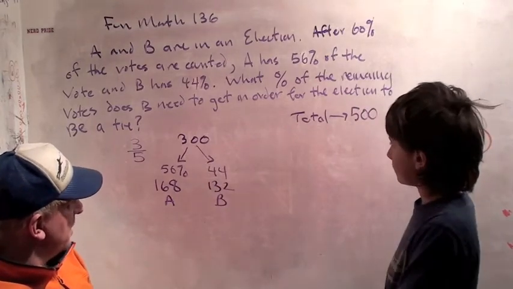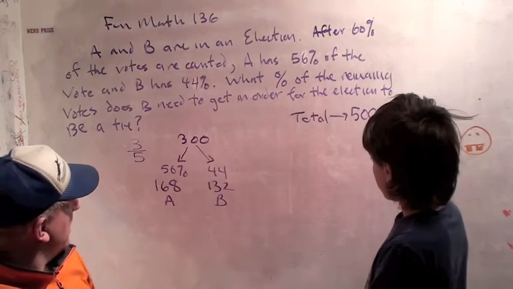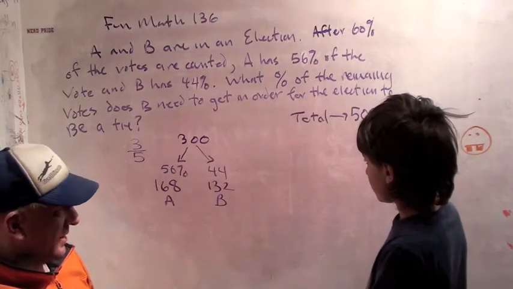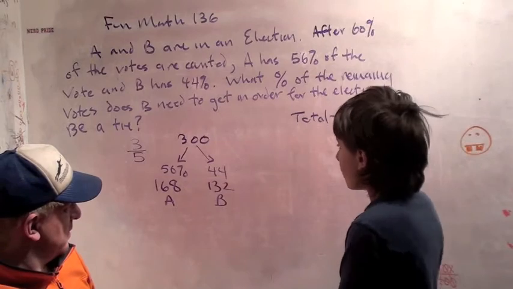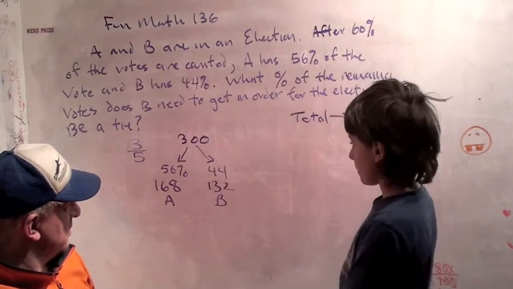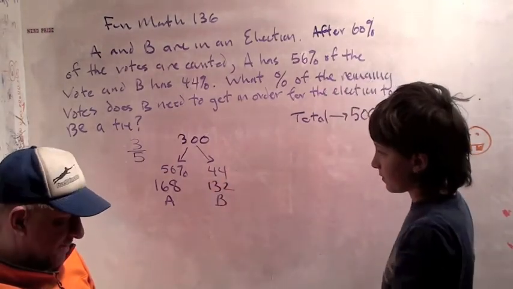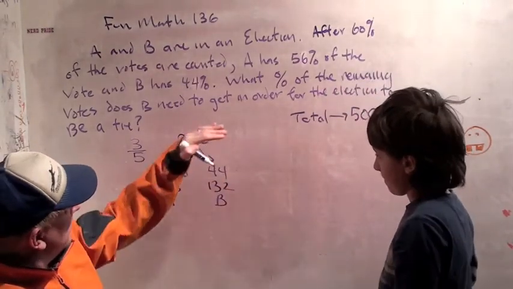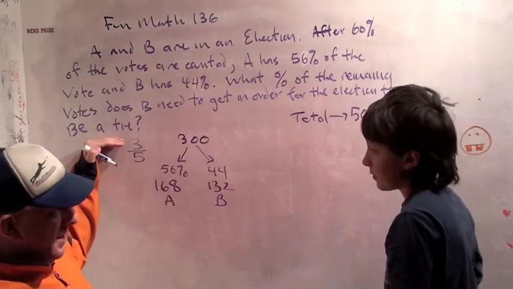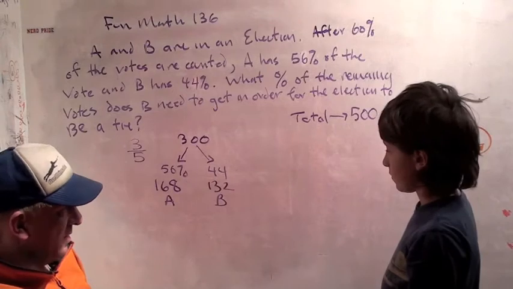Now, if there's 500 votes and we want the election to end up in a tie, how many votes does B need to get? Well, B needs to get 36. Well, if B gets 36, then it'll be a tie right now. Let's go back.